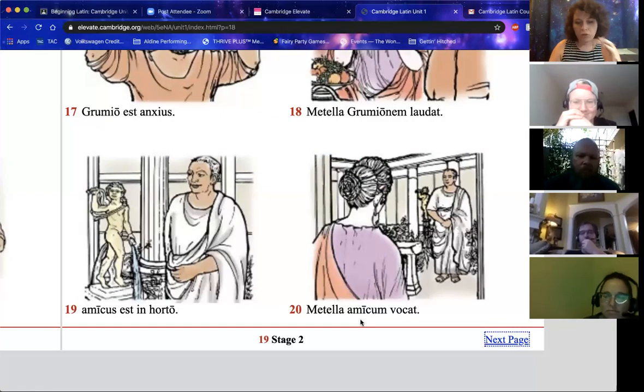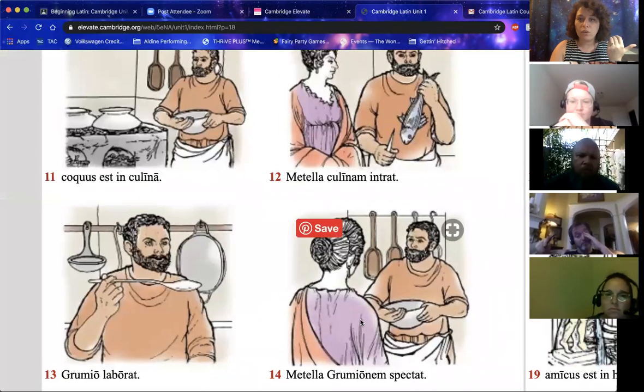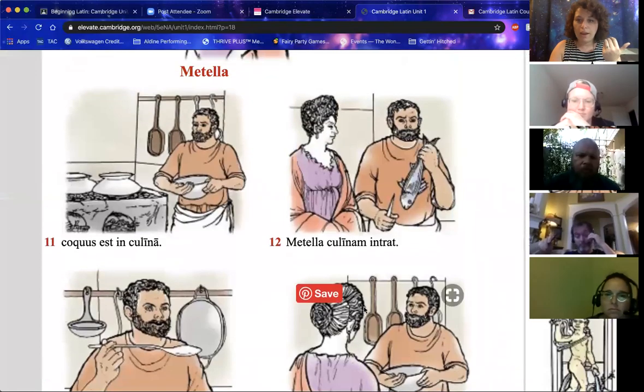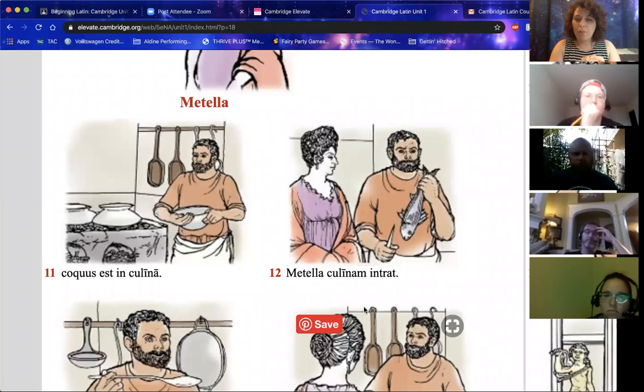All right. So before we explicitly discuss what these changes are that we're seeing, let's just find out what's going on in the story. So let me see. Heather, in 11 and 12, who is in the kitchen and then what happens?